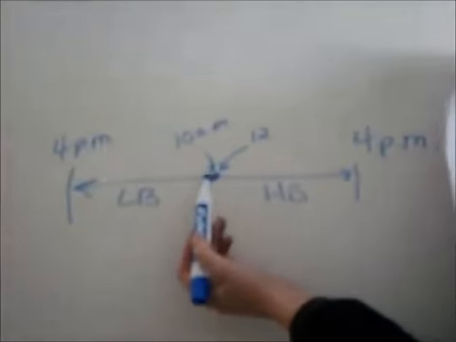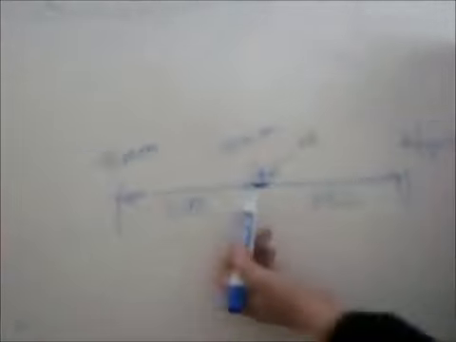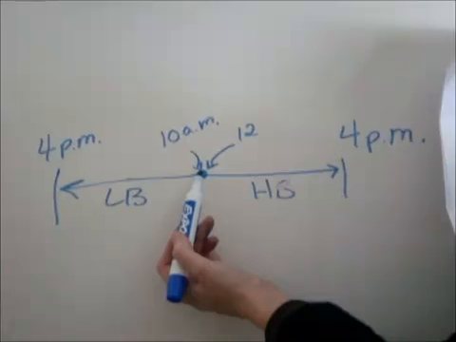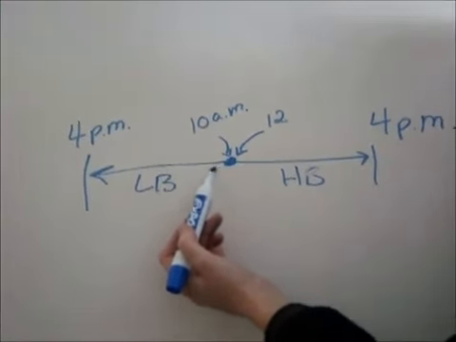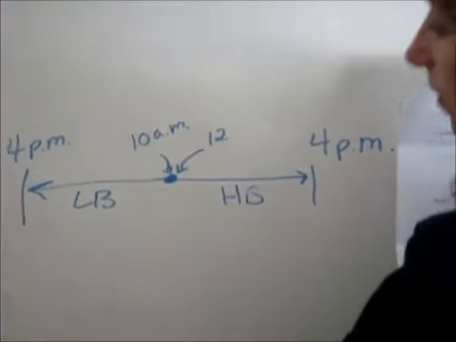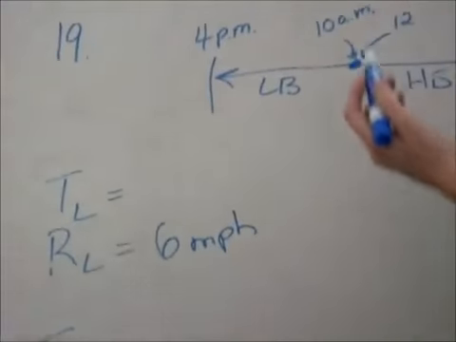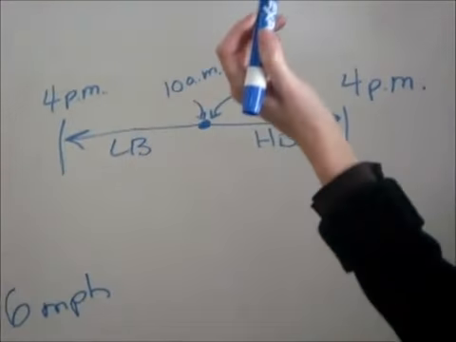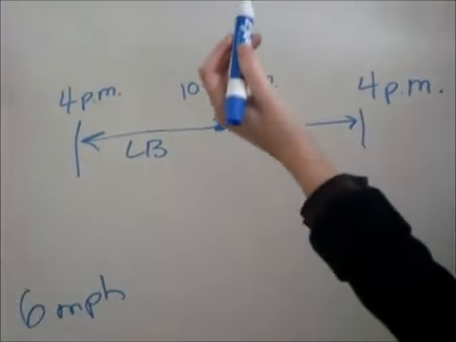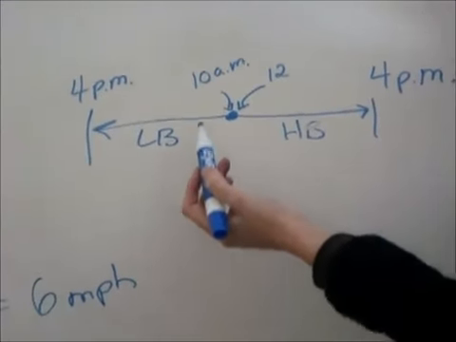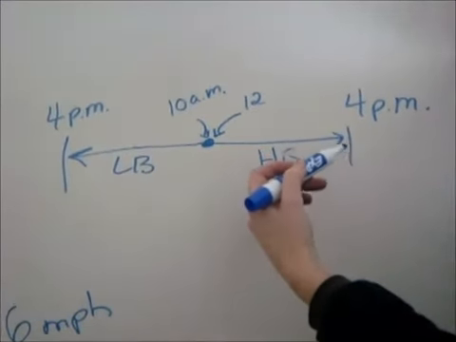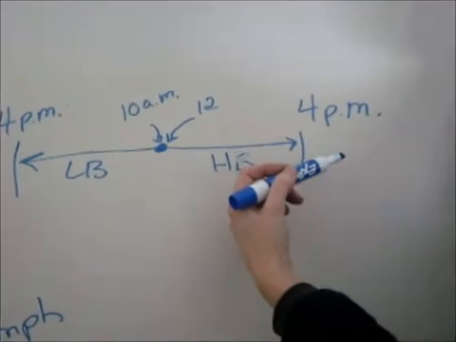We have, in this problem, at 10 a.m., Little Bear trotted off in one direction at 6 miles per hour. So the rate of Little Bear is 6 miles per hour. He left at 10 a.m. At noon, 12 o'clock, Happy Bear loped off in the opposite direction.